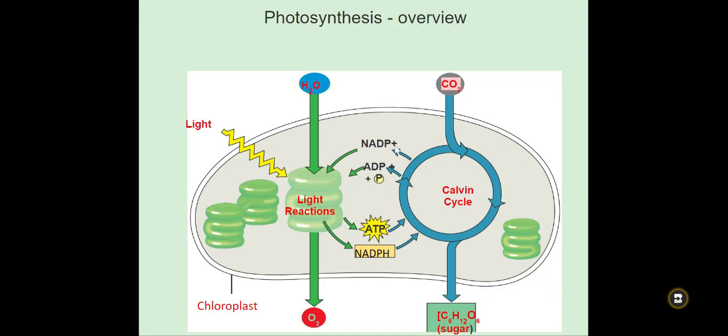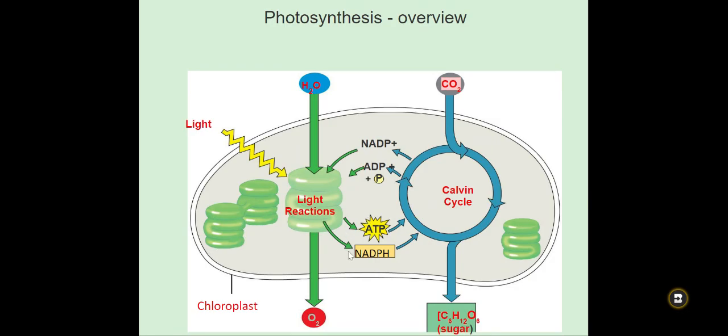And so what ends up happening in the thylakoid is we're going to take some of these H's that we are not using from water, and we are going to help it bond with NADP+, and it ends up becoming NADPH. And that's basically what happens in the light reactions.